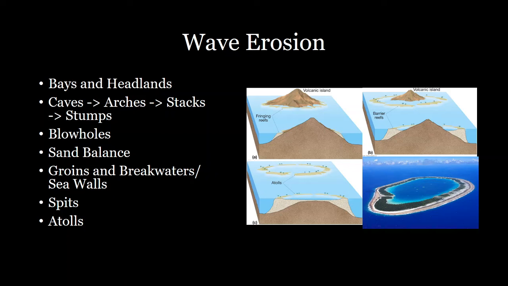But sometimes those reefs can grow faster than the volcano can sustain itself, and so the volcano can slowly erode into the ocean, while the reef can still build up.